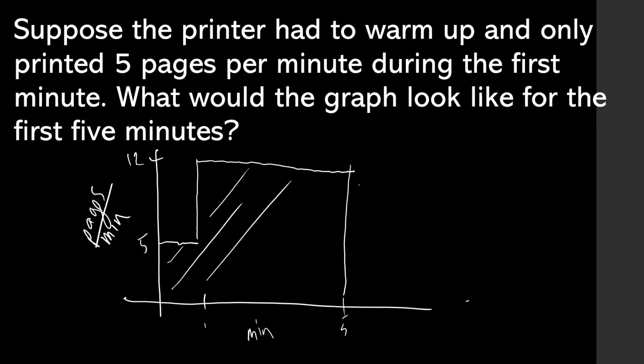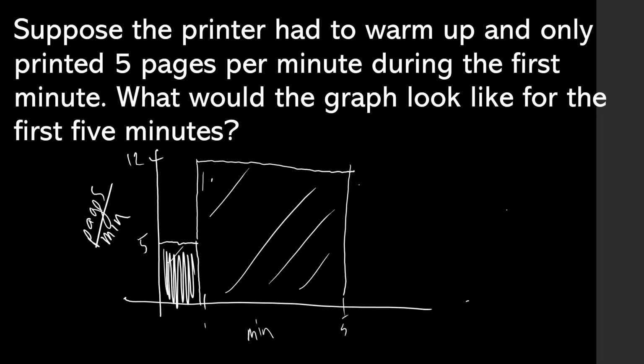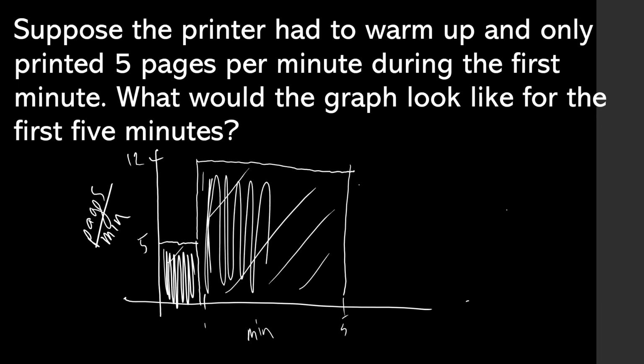I know straight lines aren't curves. Can we still use this area under the curve to figure out the total amount of pages printed in 5 minutes? Well, sure. So you could box this off. This rectangle on the left is 5 pages per minute times 1 minute plus 12 pages per minute times 4 minutes. We can just add all that together and get the total number of pages printed.